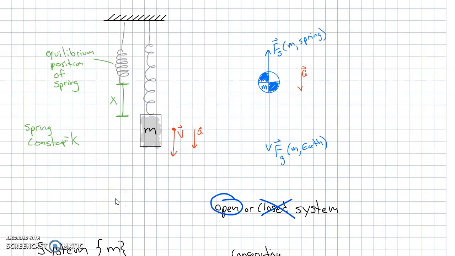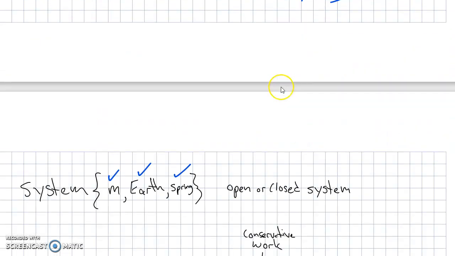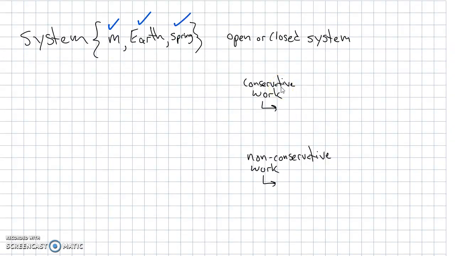So once again, if my system is the mass, the spring, and the Earth, we notice that all of the things that are involved with the forces acting on my mass are in fact all internal forces. Therefore, the spring is conservative work. Within the system itself, it does internal work, or it's conservative work. The Earth also is part of our system. It's the mass, the Earth, and the spring. And so it is doing conservative work as well.